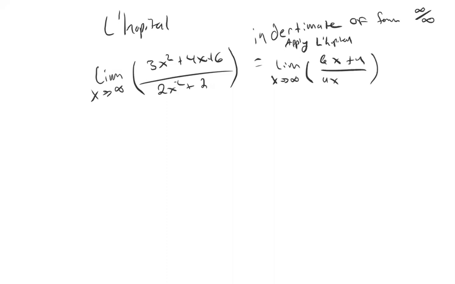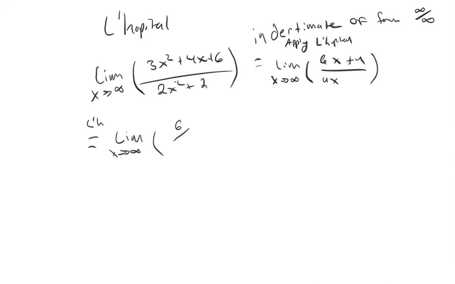But if we try and plug infinity in, so to speak, we run into the same problem. We're still indeterminate of the form infinity over infinity, so we apply L'Hopital's again, and we have the limit as x approaches infinity, and we differentiate the numerator again.